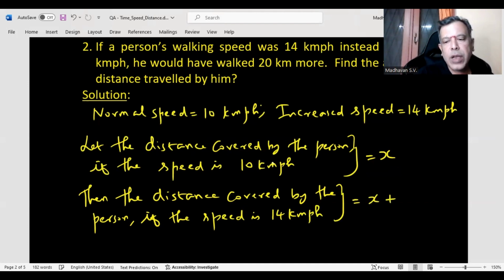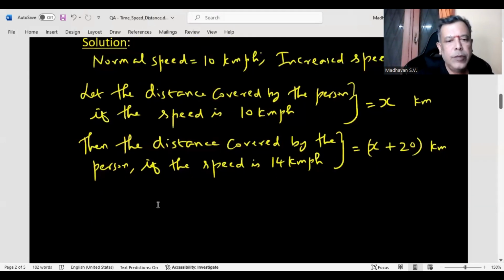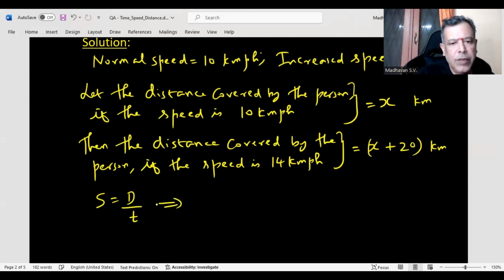He can cover extra. This is X kilometer. This is X plus 20 kilometer. Now we have speed is equal to distance traveled divided by time taken. Or we can rewrite time as D divided by S. This we are having.